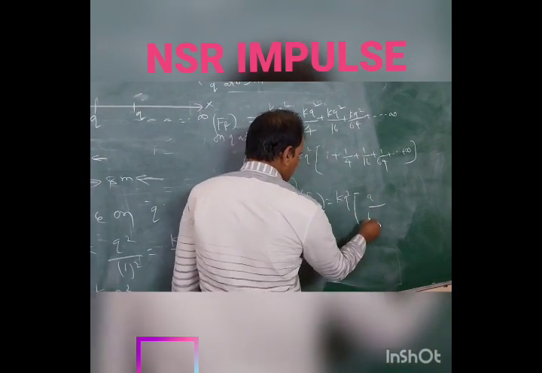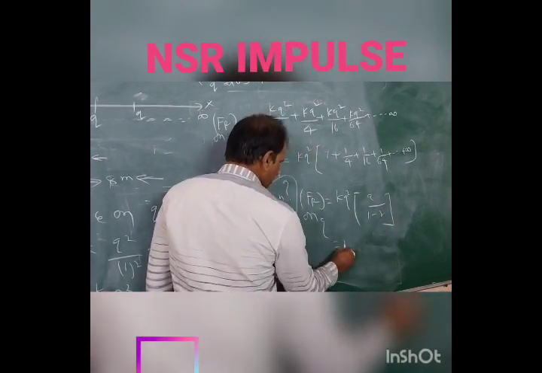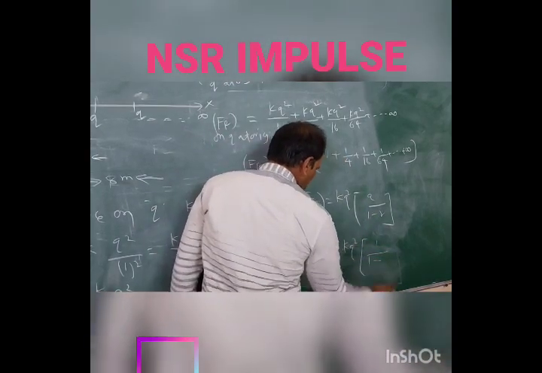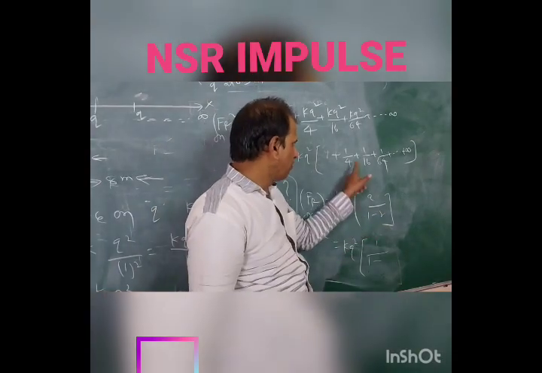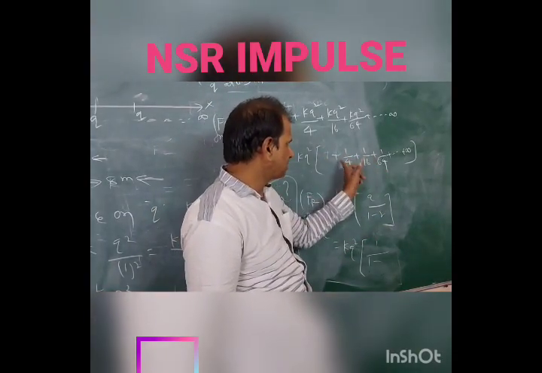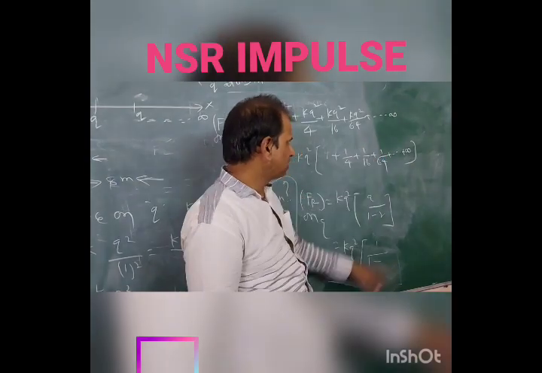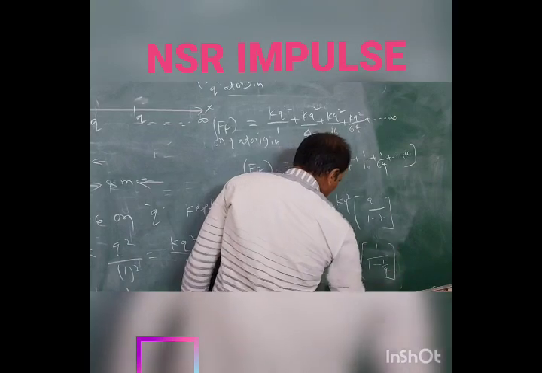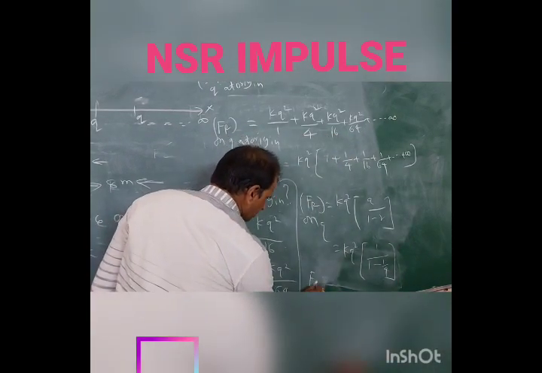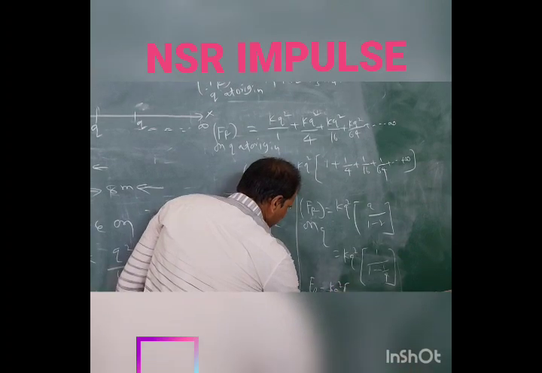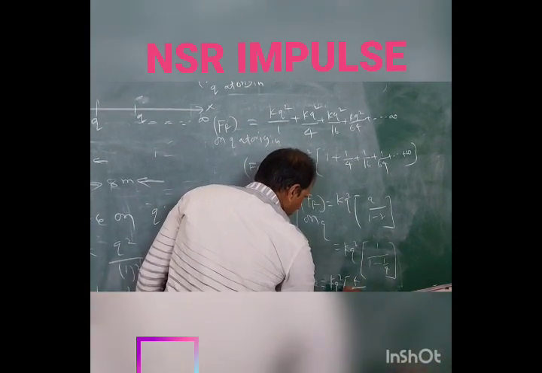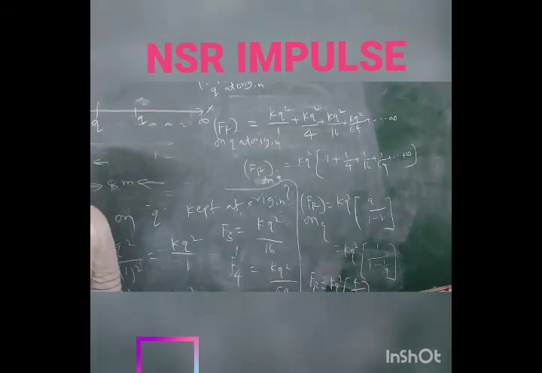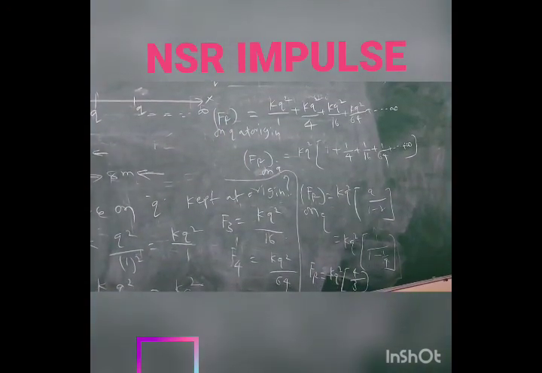That summation is a by 1 minus r. So a is 1, and the common ratio is 1 by 4, since 1 by 16 divided by 1 by 4 and 1 by 64 divided by 1 by 16 both give 1 by 4. So the resultant force is kq square, 4 comes to the numerator, 4 minus 1 is 3. So that is the final answer, 4 kq square by 3.